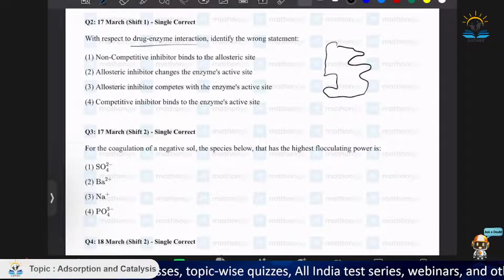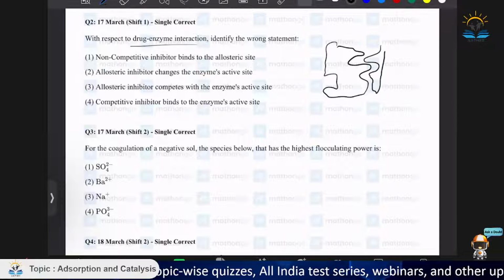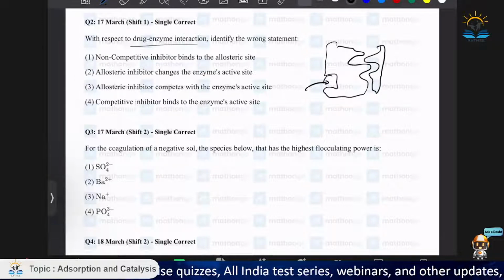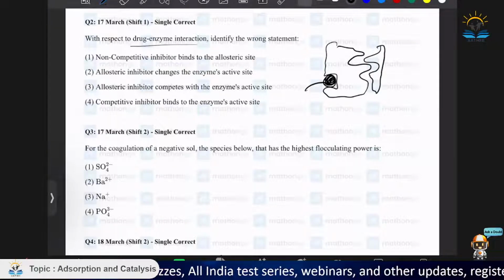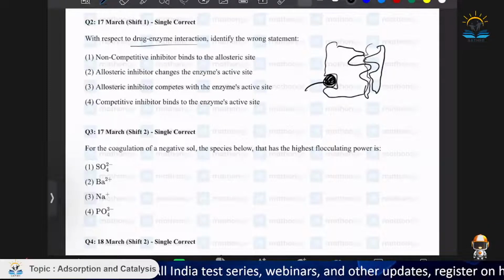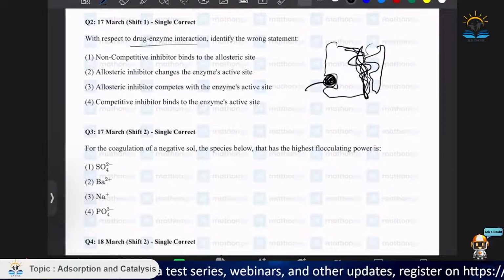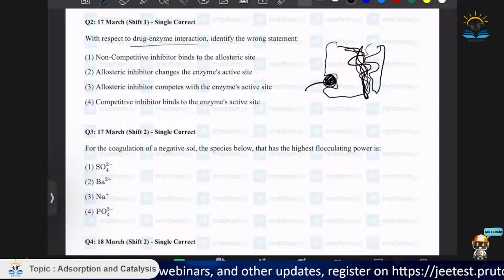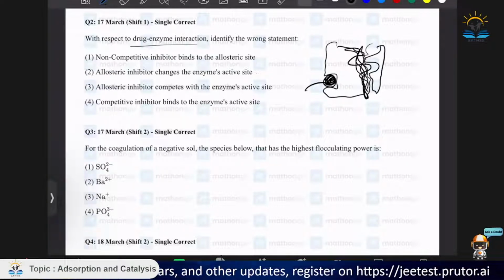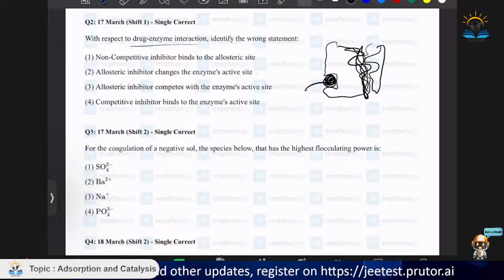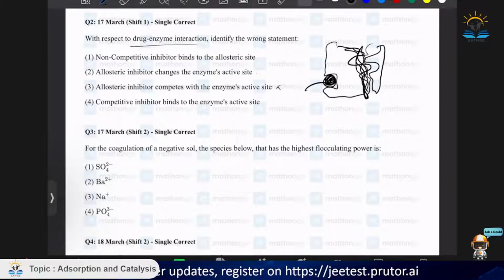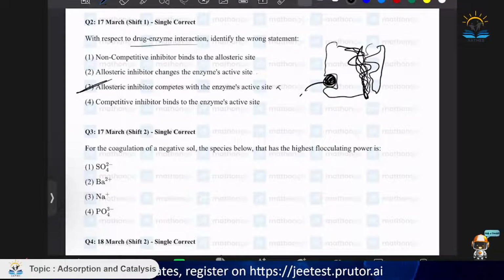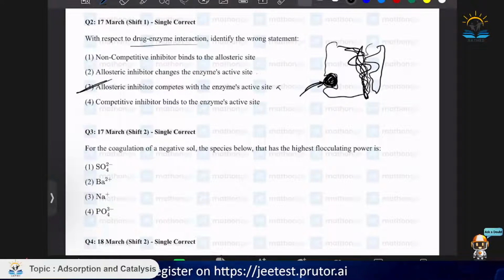So if this is the enzyme, this is the substrate. Non-competitive inhibitor will come and bind here, and it will render the face of the enzyme unable to bind with the substrate. Allosteric inhibitor changes the enzyme's active site. Allosteric inhibitor competes with the enzyme's active site. This is completely wrong. So yeah, allosteric inhibitor is the one which comes and fits at a different site and alters the enzyme.